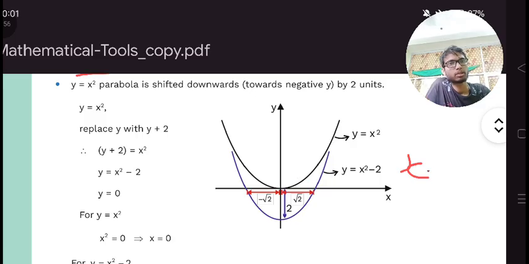In that case, if this curve is coming to this side, then here we will apply just minus. If a curve is going to this side, then we will apply positive. Whatever is the unit that was shifted, we will write with this.